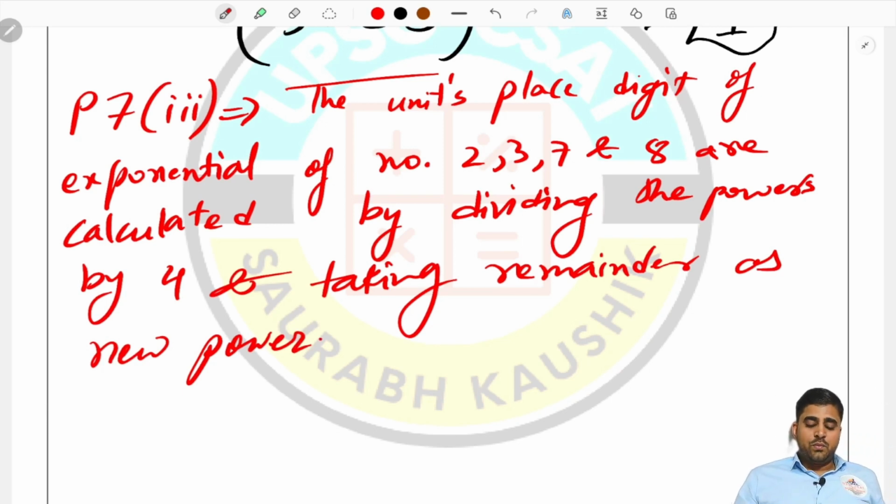What this property says is that if you have a unit digit of 2, 3, 7 or 8, in this case you have to divide the power of the number by 4. If there is any remainder, then you have to take that remainder as the power of that number. For example, let me show you first.